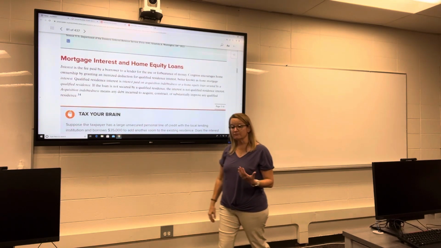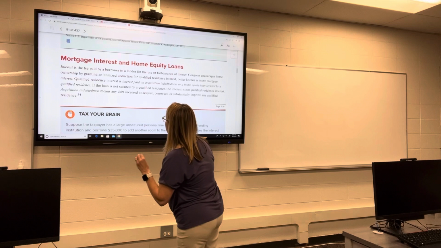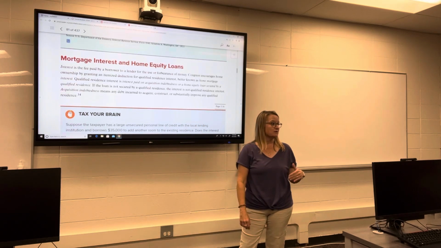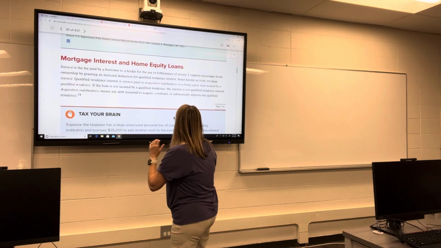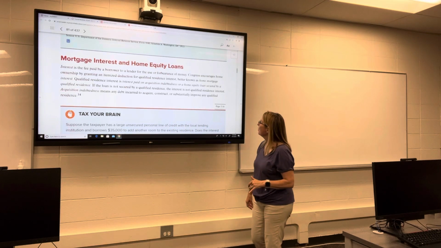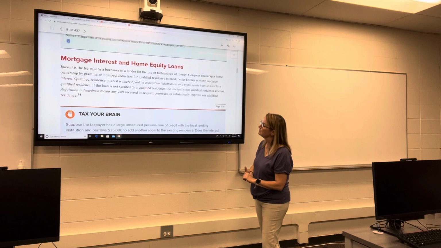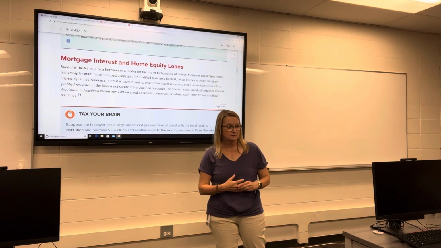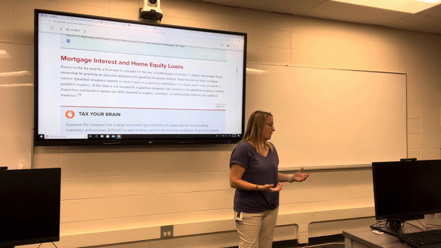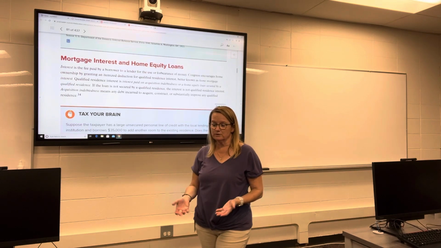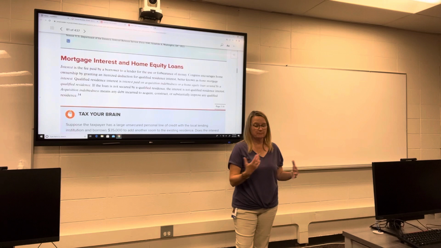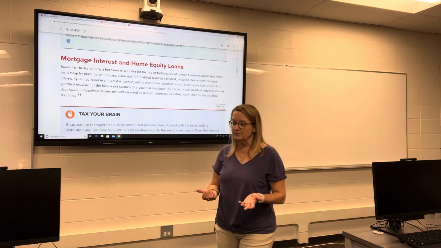Okay, so first off, the interest has to be paid on a loan that is for acquisition indebtedness or home equity loan secured by a qualified residence. Oftentimes individuals will have more than one loan on their property. If they've got equity, they'll borrow against that equity, maybe to make some improvements on their property.